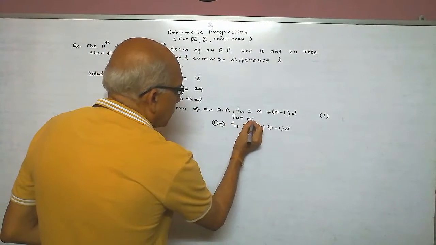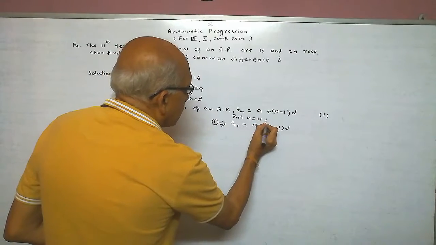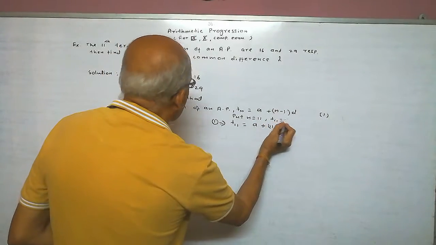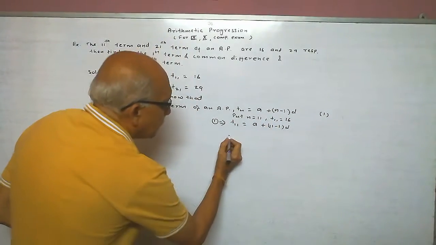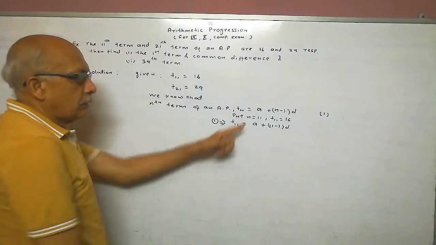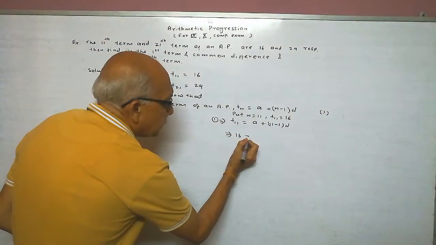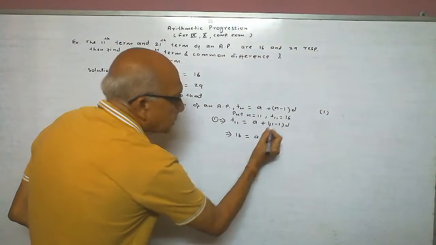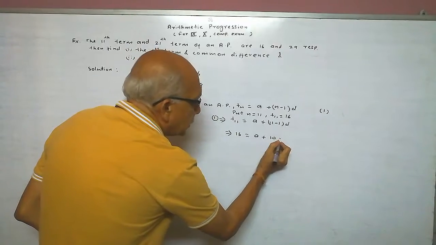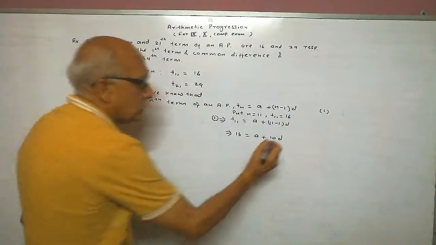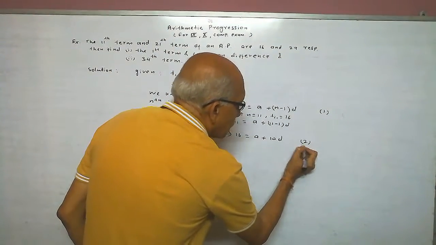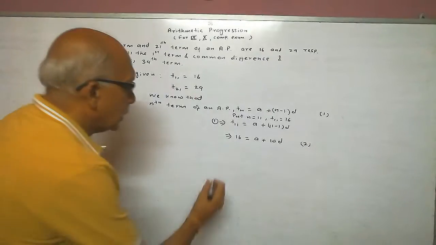Put n equal to 11 and T11 equal to 16. So T11 means 16, and we can write 16 is equal to a plus (11 minus 1), that is 10, into d. So this is one equation. We can number it as 2.